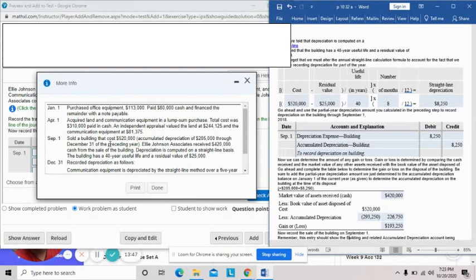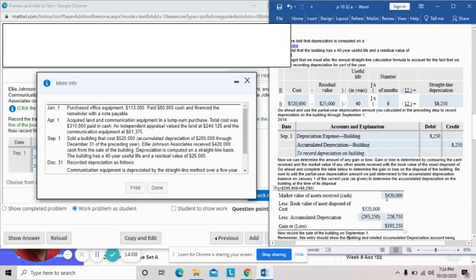Accumulated depreciation $285,000 through December of the preceding year. Ellie Johnson Associates received $420,000 cash from the sale of the building. Depreciation is computed on the straight line basis. And then the building, as we remember, has a residual value of $25,000. So all that information will go here.